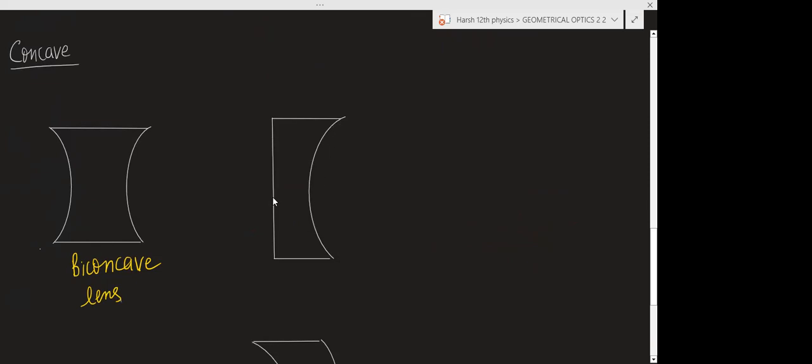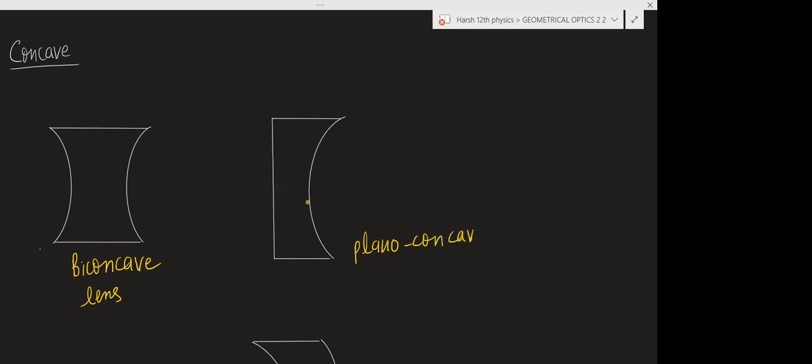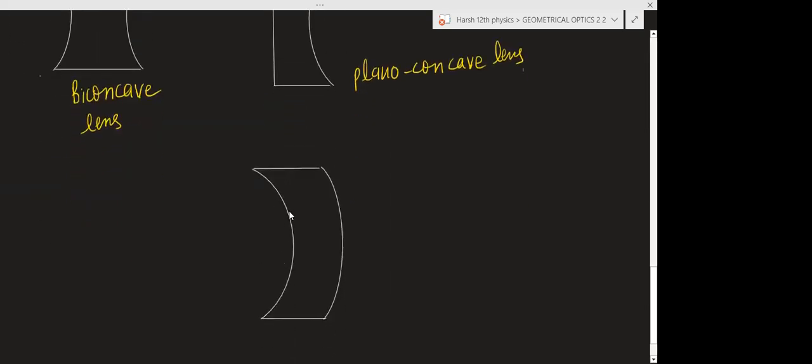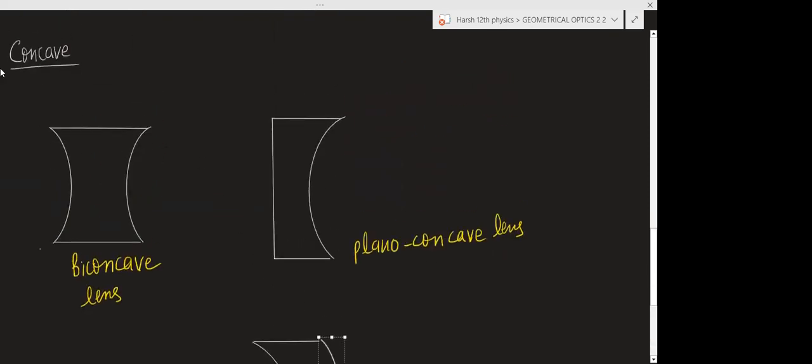So this is known as the plano-concave lens. Now see this lens: this surface is a concave surface and this surface is a convex surface, and overall this lens is a concave lens.